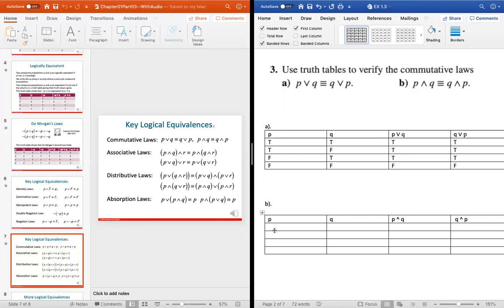So likewise, the possibilities are true, true, false, false. Here it could be true, false, true, false. Okay. So now we take the conjunction of P and Q.